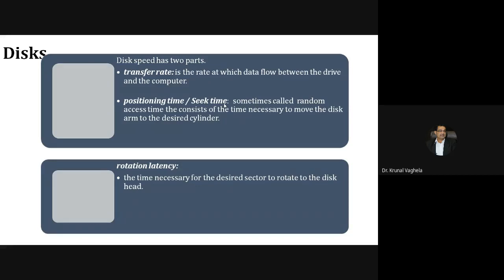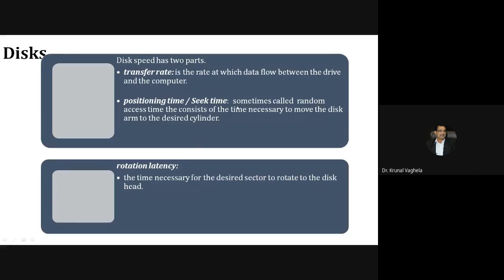Apart from that, there are two other parameters. One is seek time, or positioning time. These two parameters are very important to understand: what is seek time and what is rotational latency, because they play a higher role in the transfer rate.